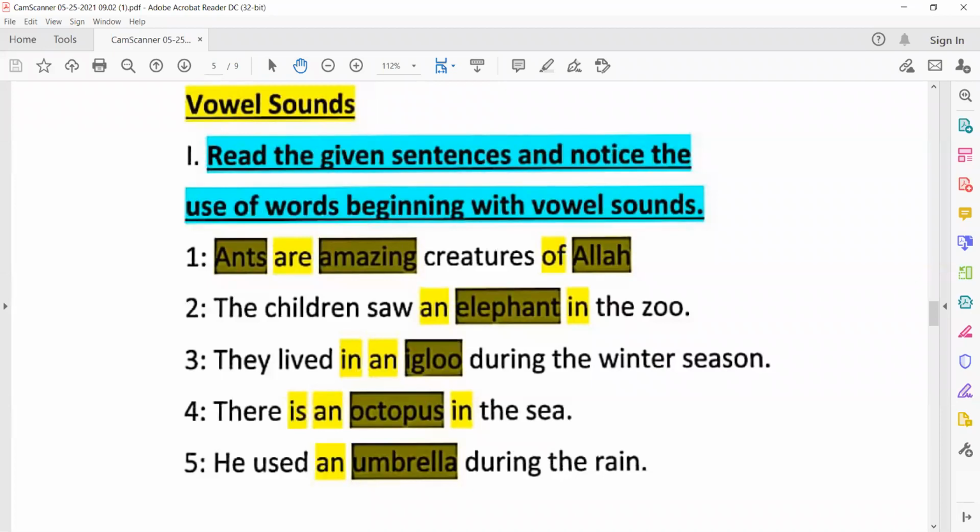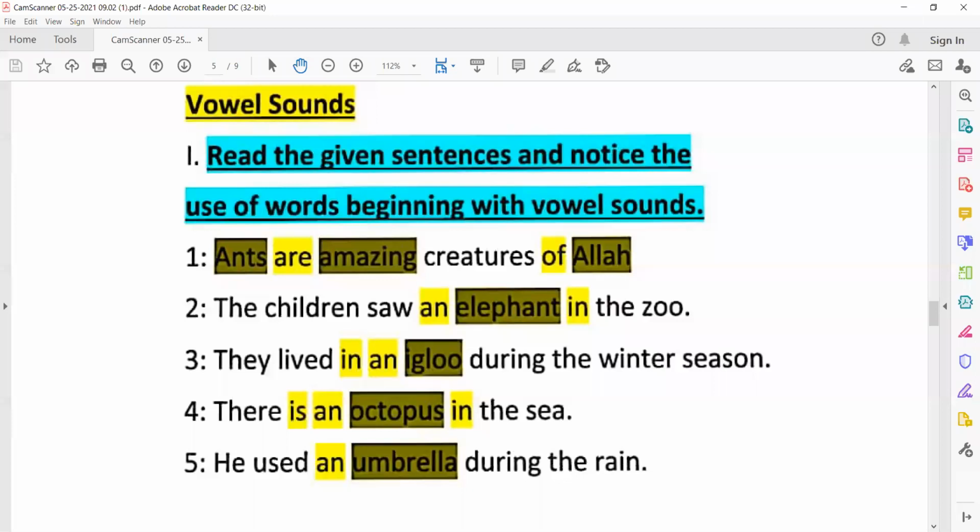Amazing. Amazing. It also gives us a sound of a. Okay? And a is a vowel sound. Creatures. Now look at this one word. K. Creatures.